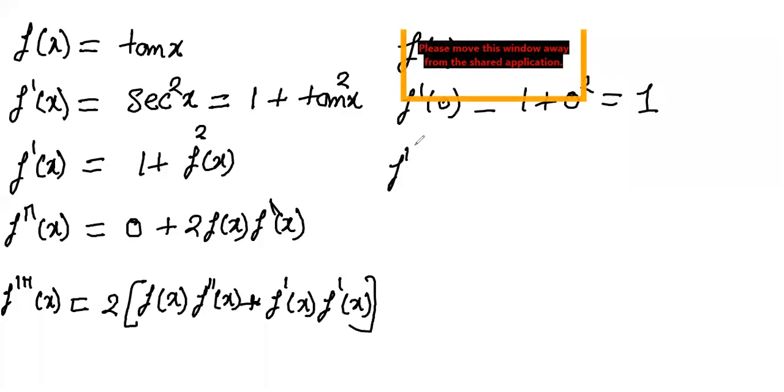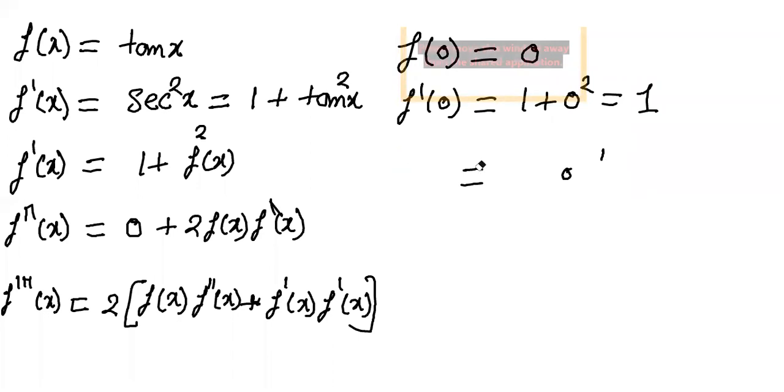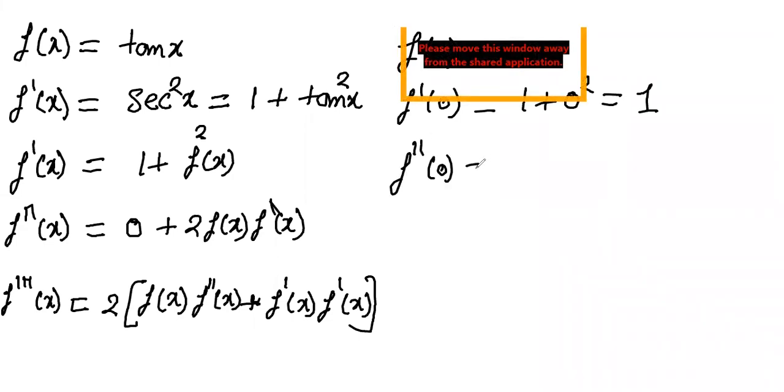Now f double dash 0 is 2 into f of 0 into f dash 0, so this is 0.